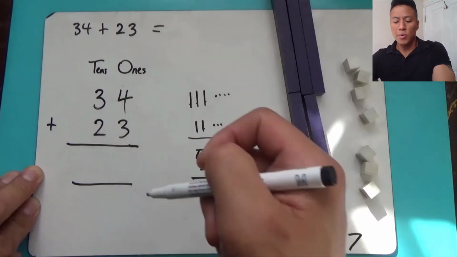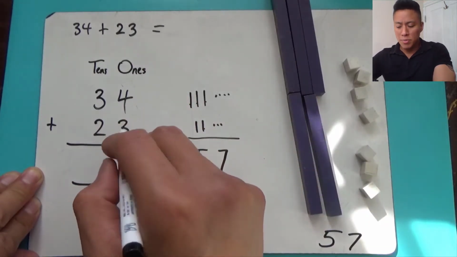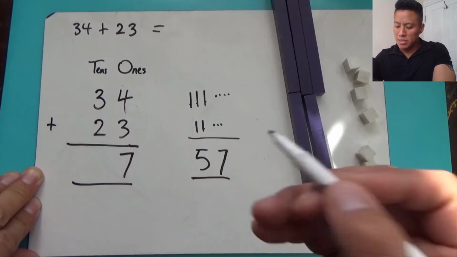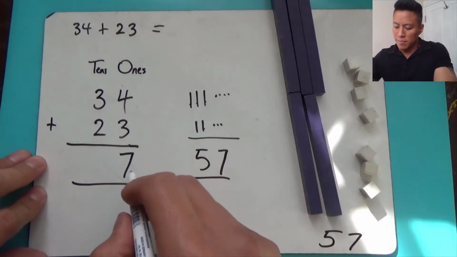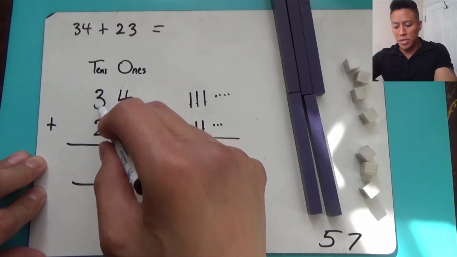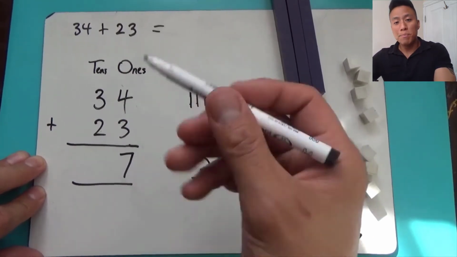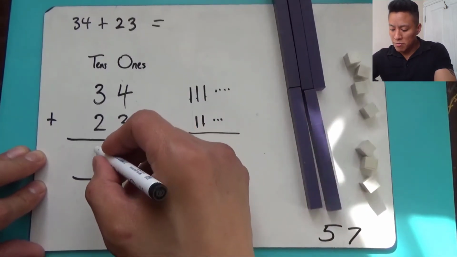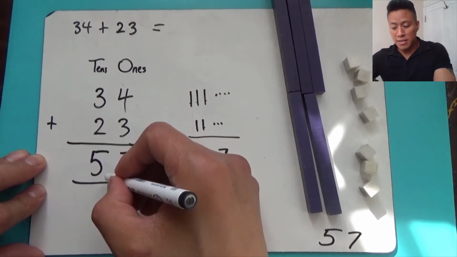When you're doing the column method, it's the same thing. 4 plus 3: if you're good with your maths, you'll know straight away it's 7. If you just know it like that, that's great. Then 3 tens and 2 tens. We know that these represent tens. You can say 3 plus 2 is 5, but note that when you put the 5 in the tens column, it represents 50.